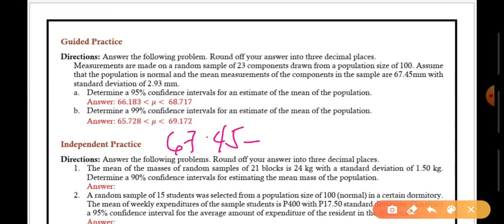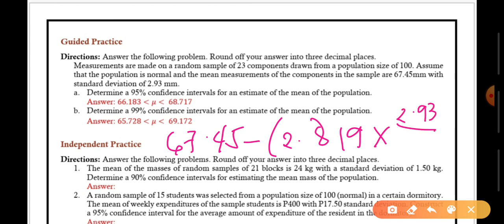Then what you're going to press on your calculator will be 67.45 minus 2.819 times 2.93, coming from the given, over square root of 23. Then close parenthesis. It's going to be 65.7277, or 65.728.